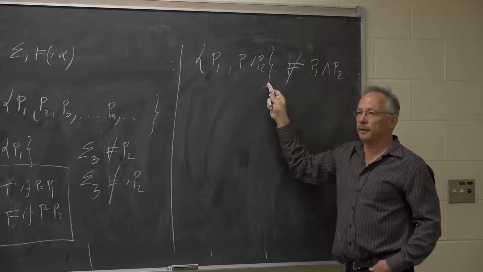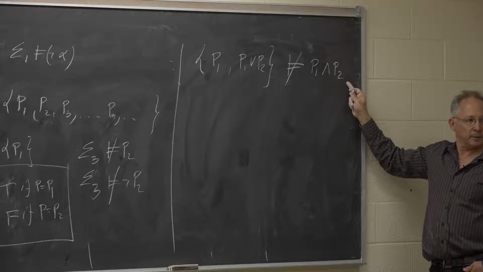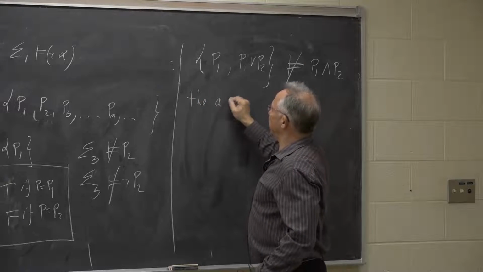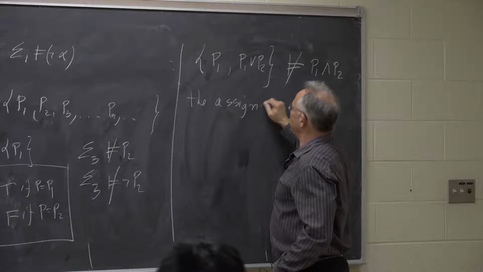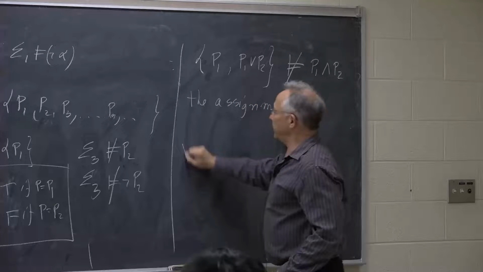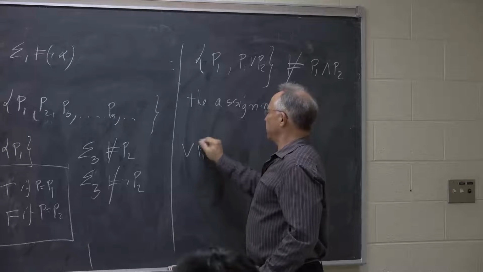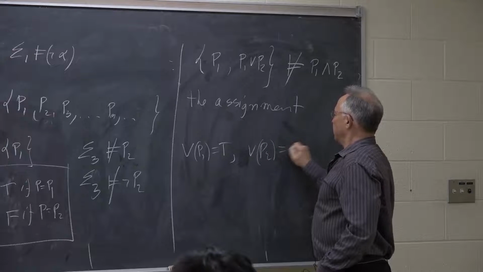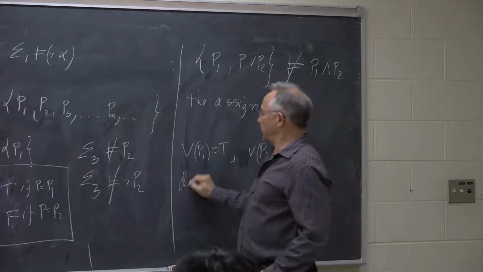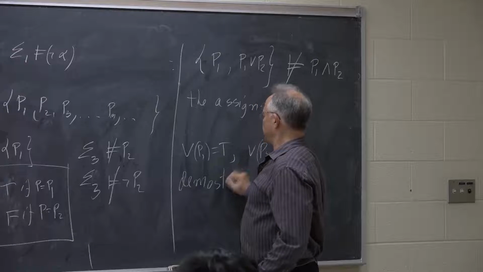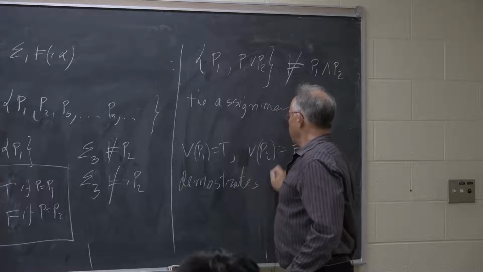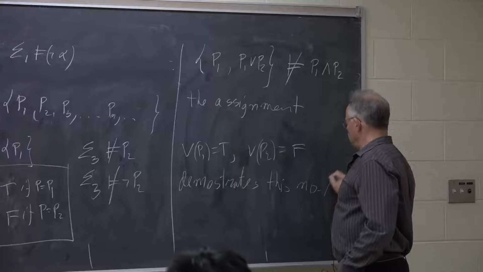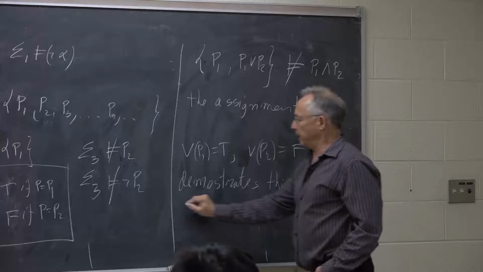So both of them will be satisfied here, and this will not be satisfied. So the assignment V of P1 equals true, V of P2 equals false, demonstrates this no logical implication.